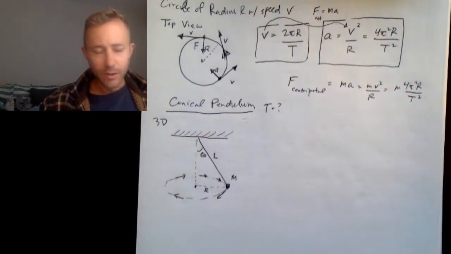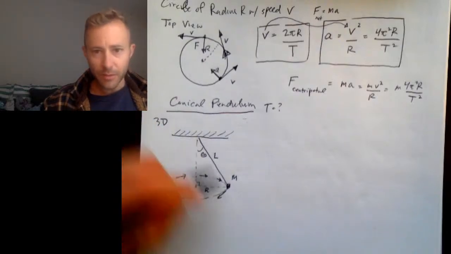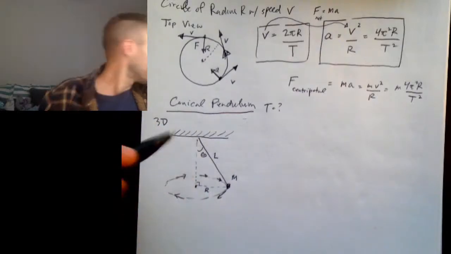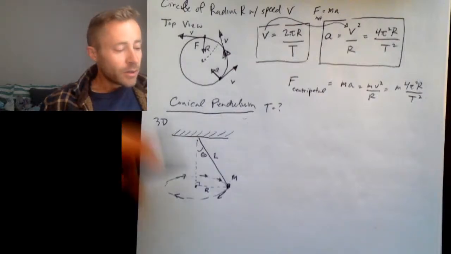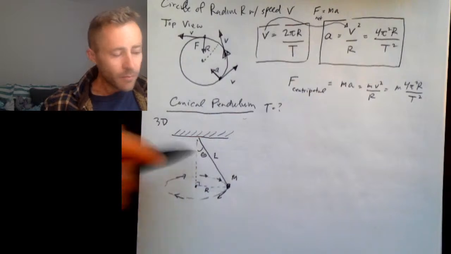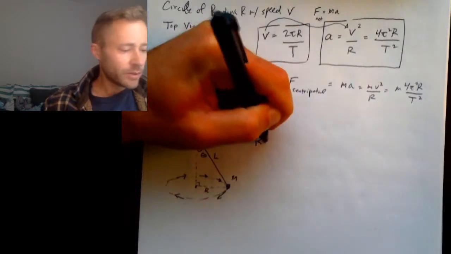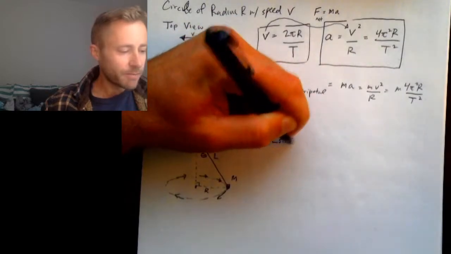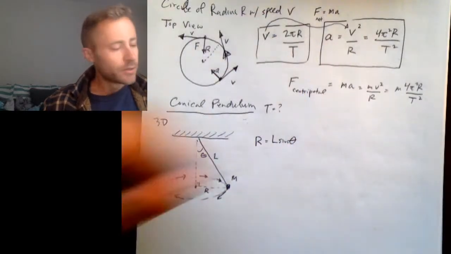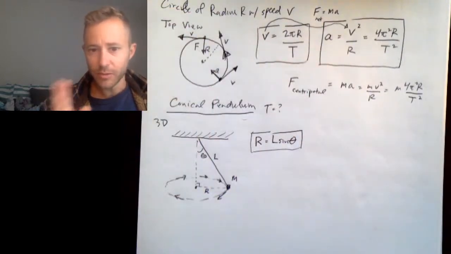So we can see that there's a right triangle here, and the length of the string is the hypotenuse of that triangle. I can see that the radius is opposite the angle. So what I have is that R is L sine of theta. So the radius is not the same thing as the length of the string. They're related to each other, but they're not the same.